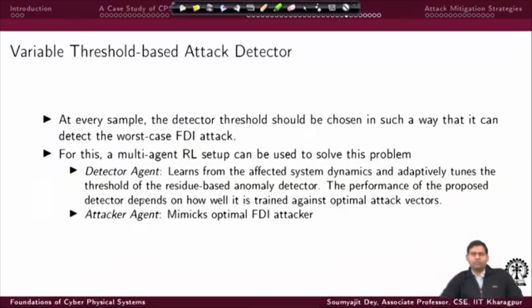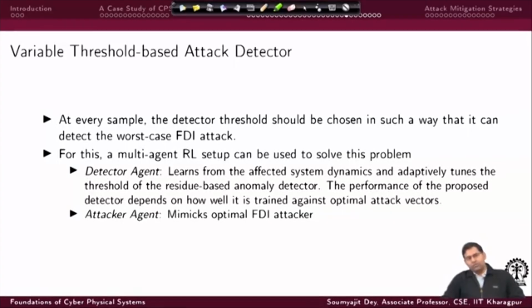So, that is why we said, let us have an AI agent which learns how to attack and which also learns how to detect. If you are trying to create an AI agent which is trying to learn a detector, you should make the detector learn over an attacker agent's attacks also.